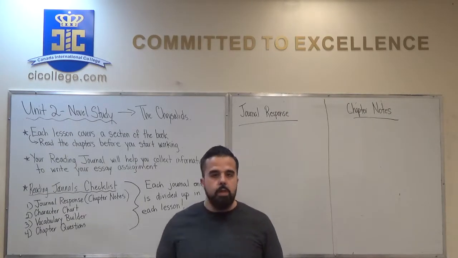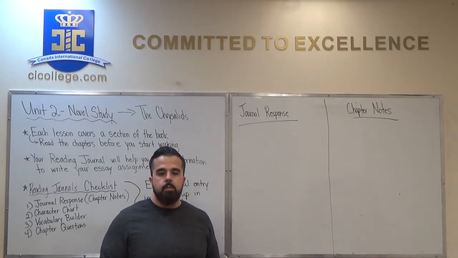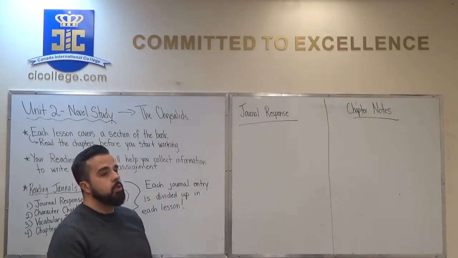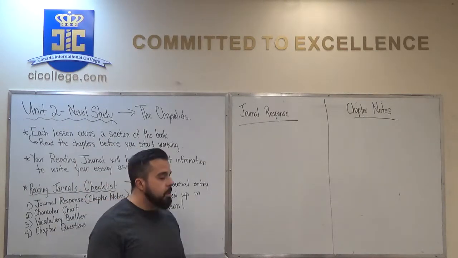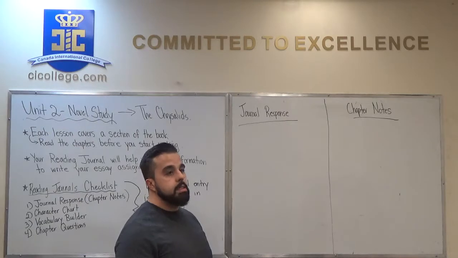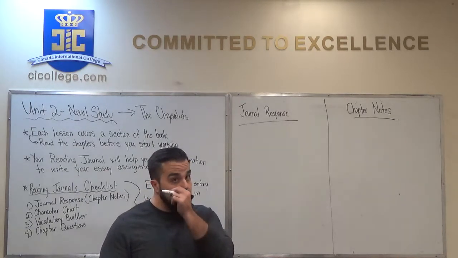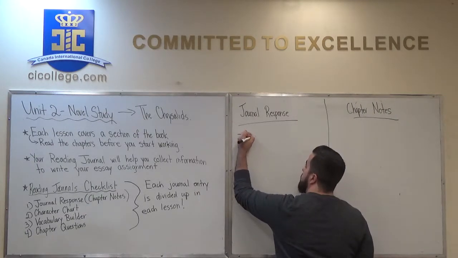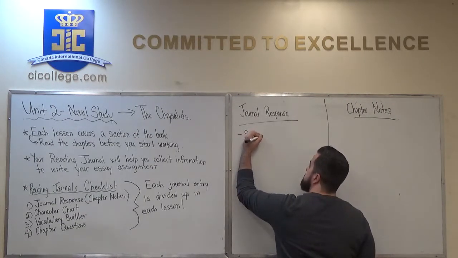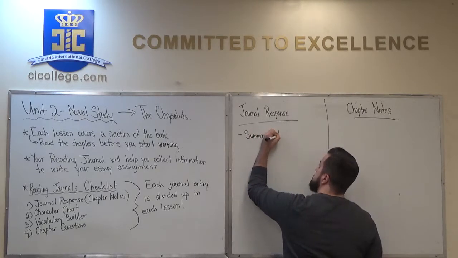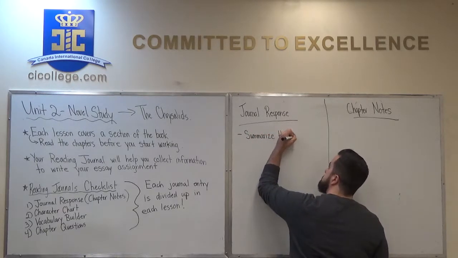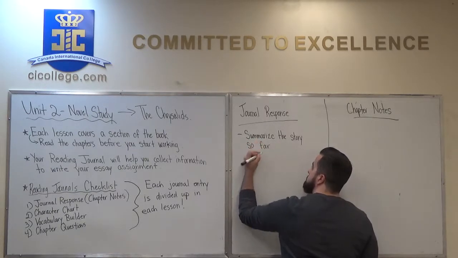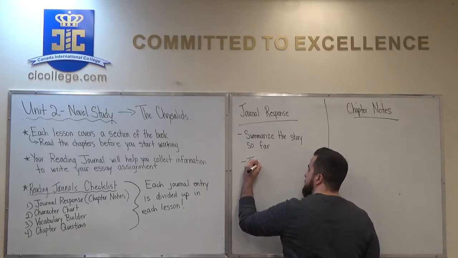I hope so. So let's talk about, well, when I'm looking at my reading journal, what do I write? What are some ideas to include in your reading journal? When you come to your journal response for each lesson, you should think about things like summarizing what you've learned so far in the story. So your journal responses should summarize the story so far. Take note of important events and changes.